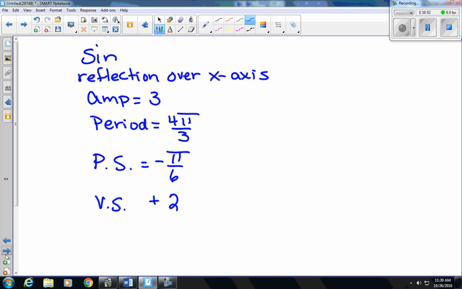There's usually a bonus on the test that says, write an equation given these characteristics for both sine and cosine. The same equation for sine and cosine. Do you remember what the difference is between the sine graph and the cosine graph? You're right.